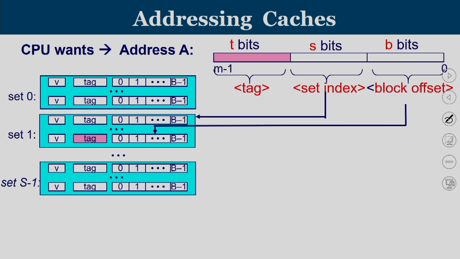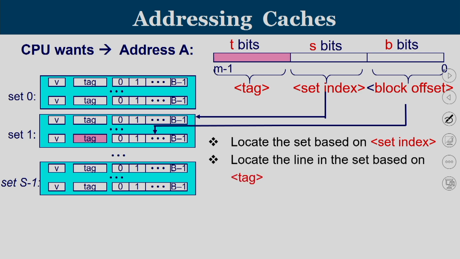Now, addressing this cache, these are the steps involved. First, locate the set based on the set index, then locate the line in the corresponding set which matches the tag. There may be multiple blocks present in a set, so we have to compare the tag values of each of these blocks, and if one of the tag values matches, then that data block contains your data.